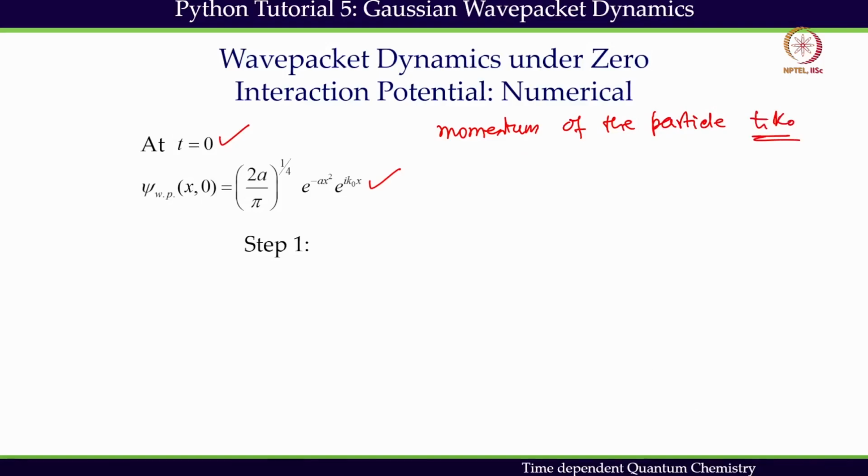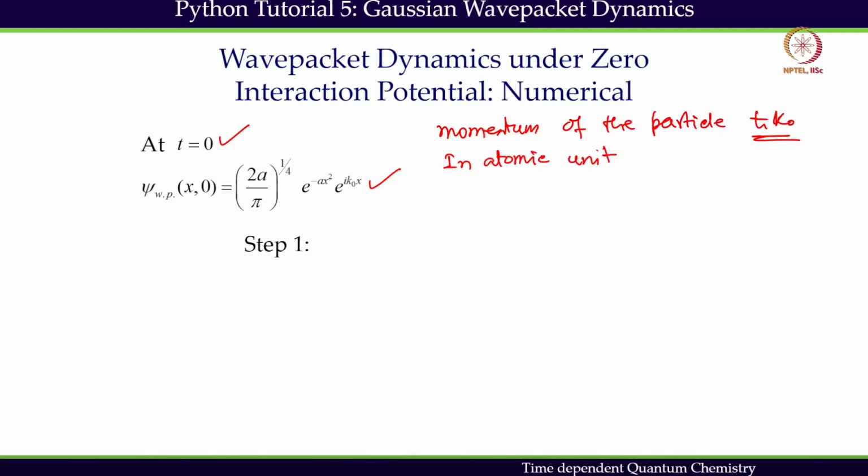All these calculations in general we do in atomic unit. It is a unit system which is very frequently used in electronic structure calculations of atoms and molecules, and then wavepacket dynamics.